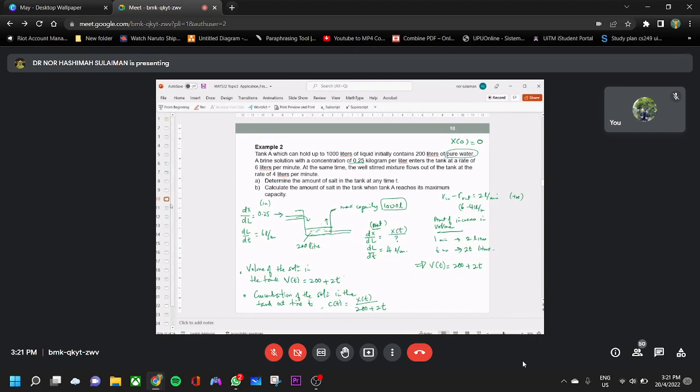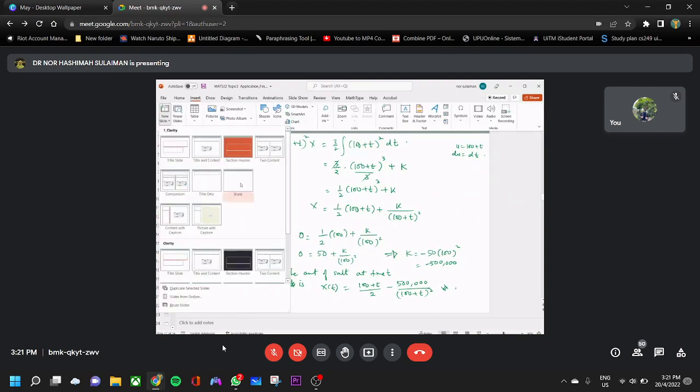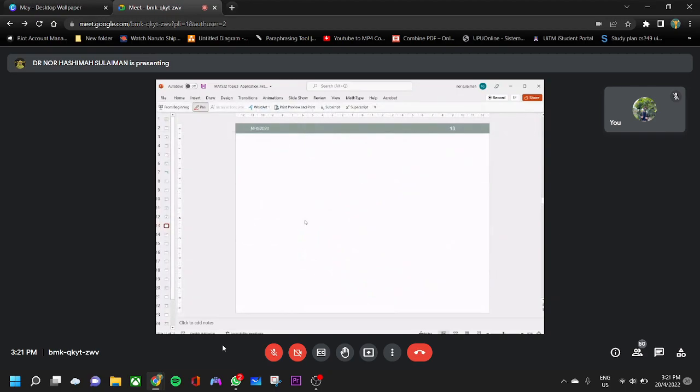Okay, alright. So kita tak tahu berapa lama masa yang diambil, how long it takes for the solution in the tank to reach the brim of the tank ni. So maknanya kita kena tahu T tu berapa. That can be found by mana tadi? We just insert this slide. Okay, so yang B ni the maximum is 1,000 liter.